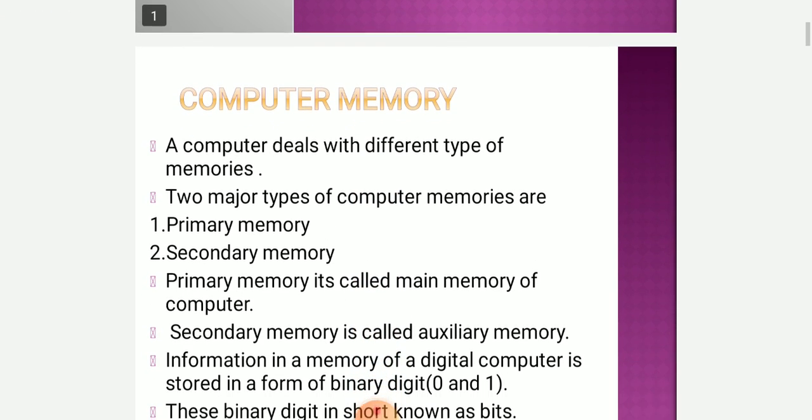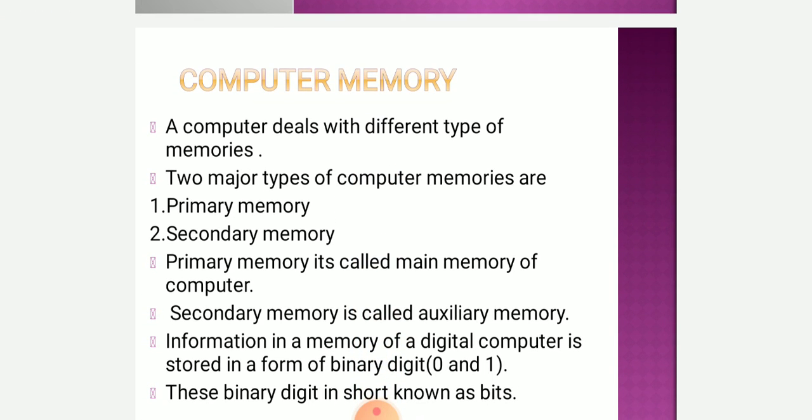In the previous lecture, I explained computer memory regarding RAM. Here I will repeat it. Your computer deals with different types of memory. There are two types of memory in a computer, primary memory and secondary memory.